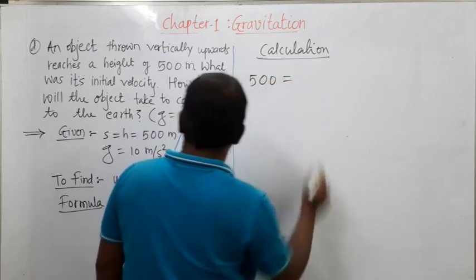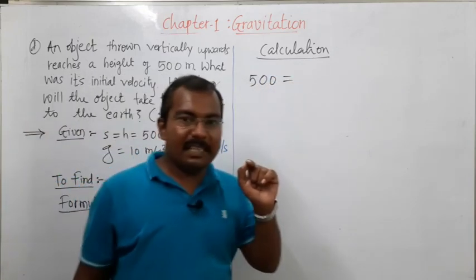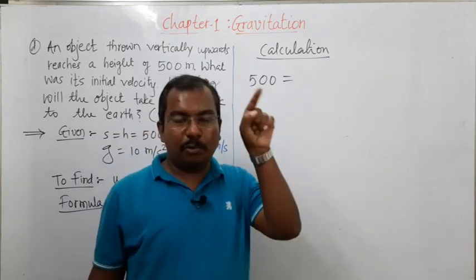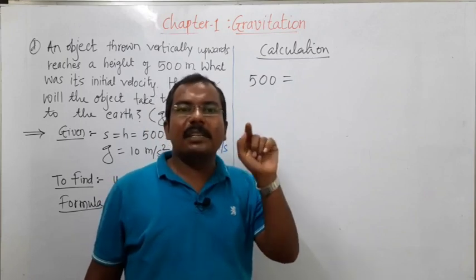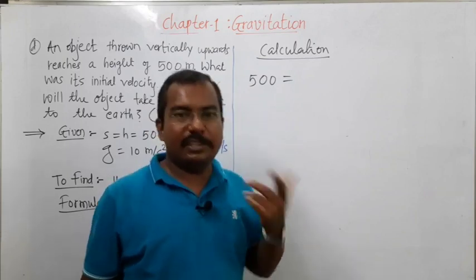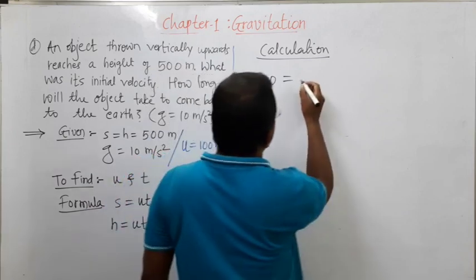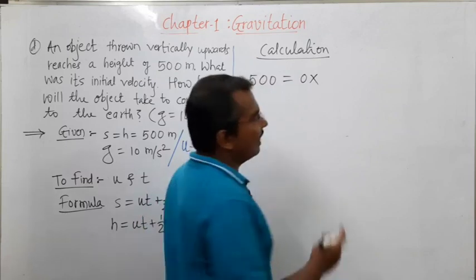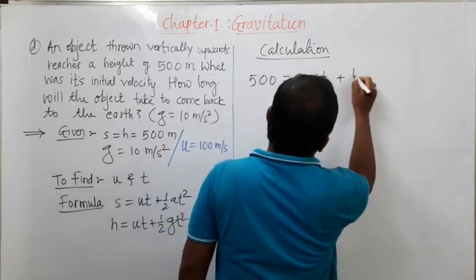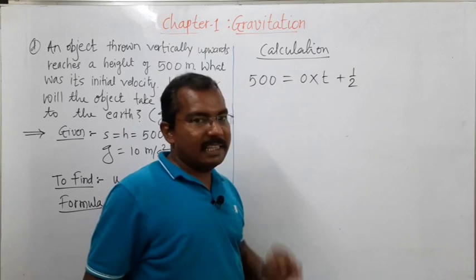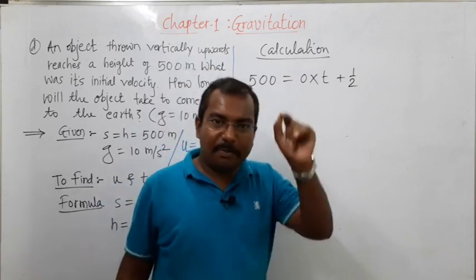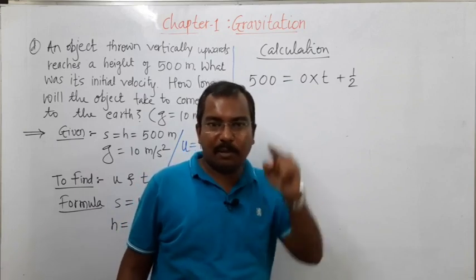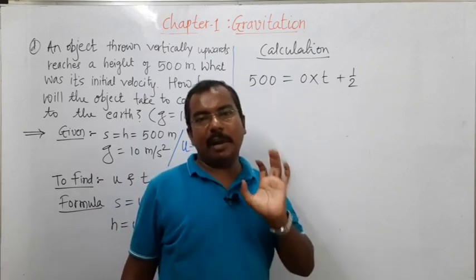Put the values given. Now object is at 500 meter height. वरून खाली येणार आहे, म्हणजे सुरुवातीचा त्याचा इनिशियल व्हेलॉसिटी विल बी 0. Initial velocity of object is 0. So u is 0 into t. t तर कॅल्क्युलेट करायचं आपल्याला. So t plus 1/2. आता इथे g निगेटिव्ह घ्यायचं नाही, because the direction of velocity or direction of motion of object and acceleration due to gravity are same.